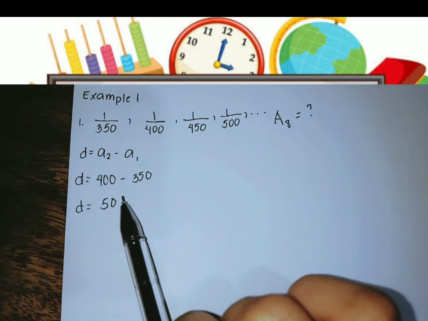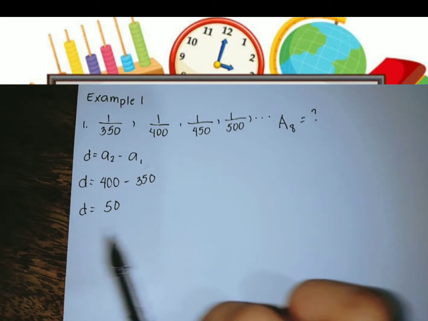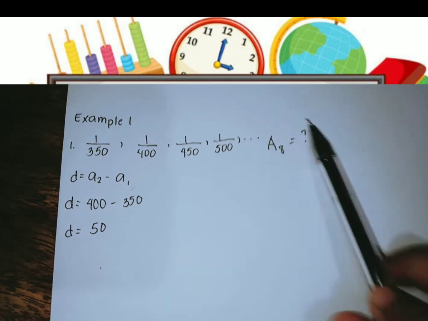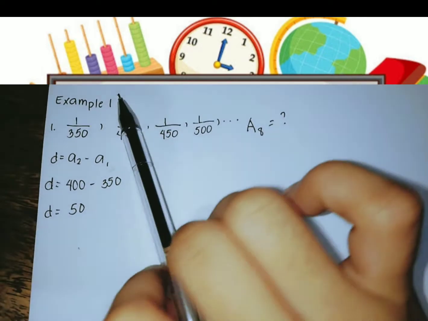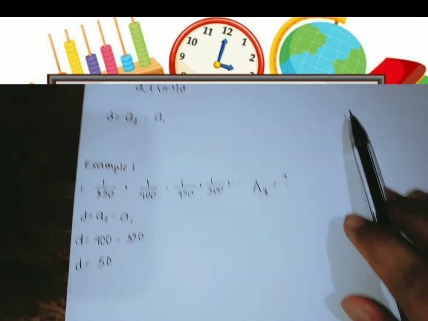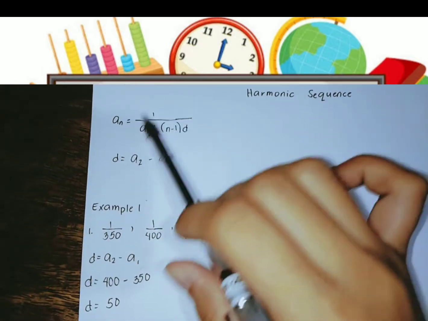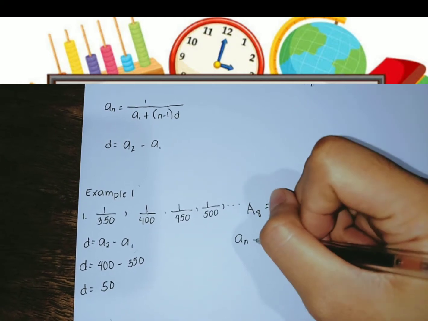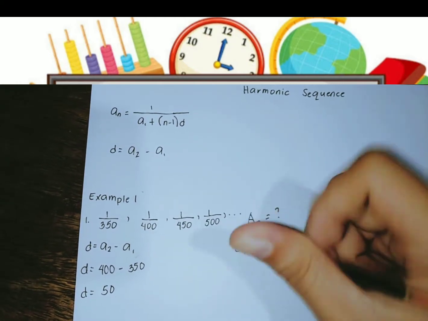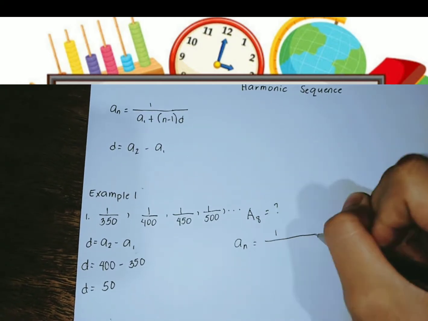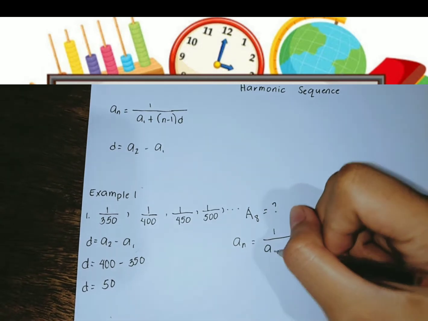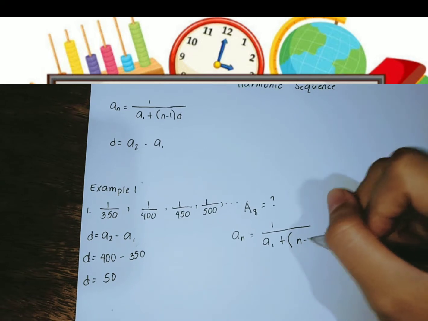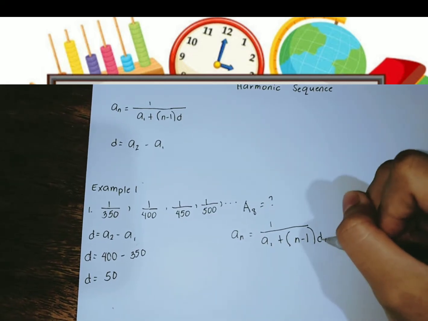Now, because we already have the common difference, we are going to find the eighth term, or the last term, of this harmonic sequence. We will use the formula for the last term: a sub n is equal to 1 divided by a sub 1 plus quantity n minus 1 times d.